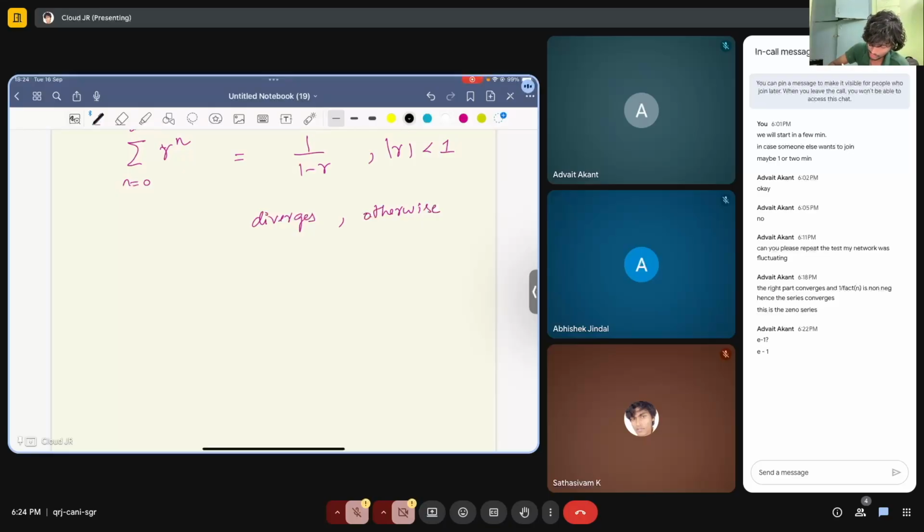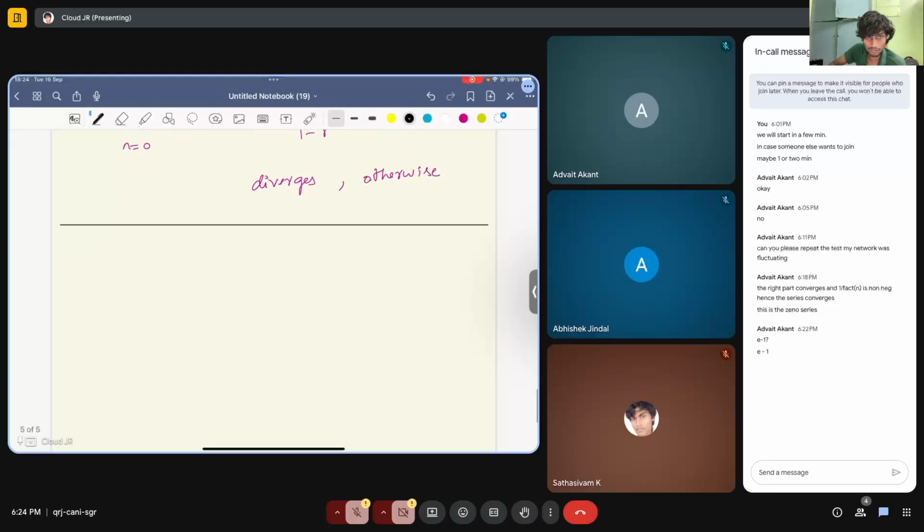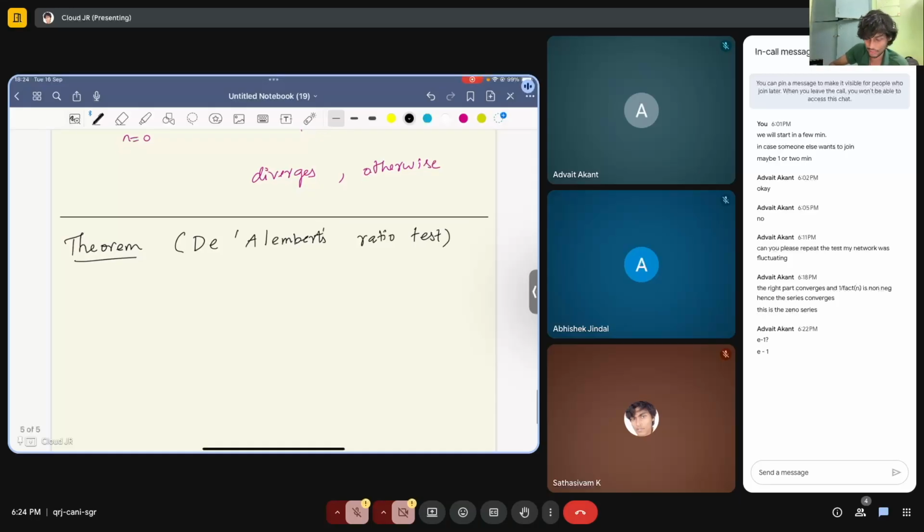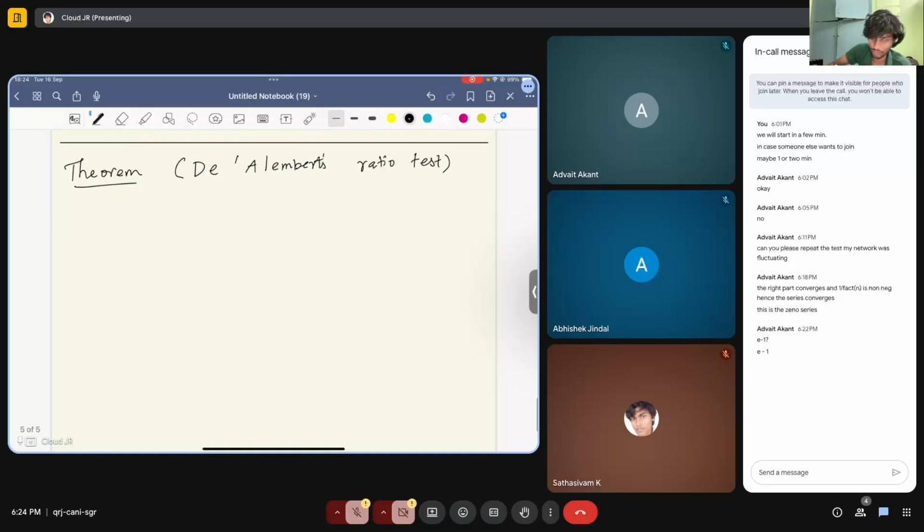You can use the divergence part also if you want. So this is called the ratio test, and it is also done in the class. I'm just repeating here so that we can recall, and then we'll move on to the problem.